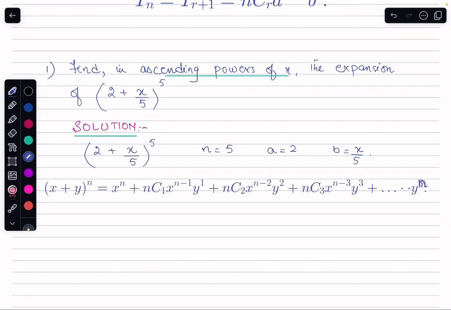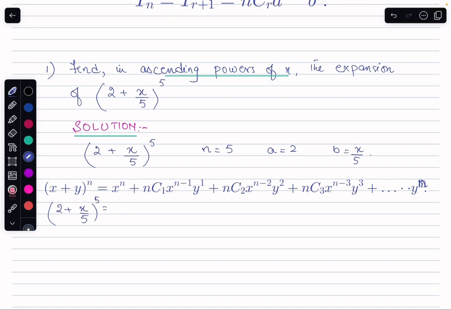So we know the expansion, we know the binomial theorem. This is (x plus y) to the power n, which is equal to x to the power n plus nC1 x to the power n minus 1 y to the power 1, and so on up till the final term here. So for this question, I'll be doing the complete expansion for the understanding. So if I have here (2 plus x by 5) to the power 5, I know my n value, it's 5 here.